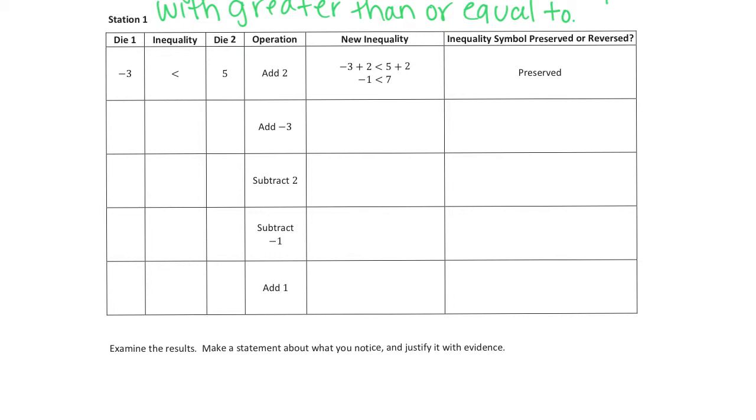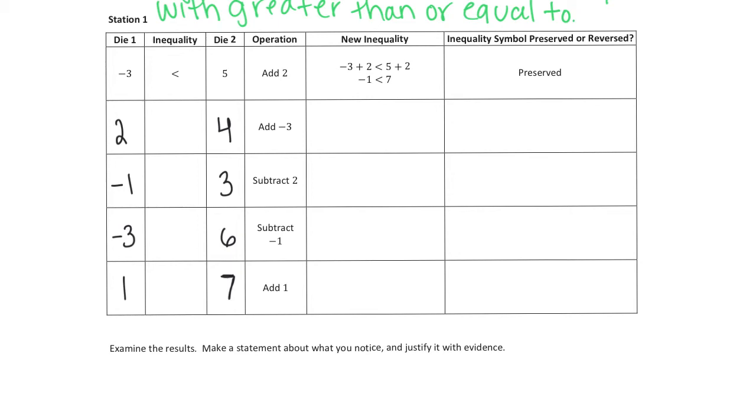So go ahead and follow along with me to fill in these values that we pretend roll for the die. So we're going to have 2 and 4, negative 1 and 3, negative 3 and 6, and positive 1 and positive 7.